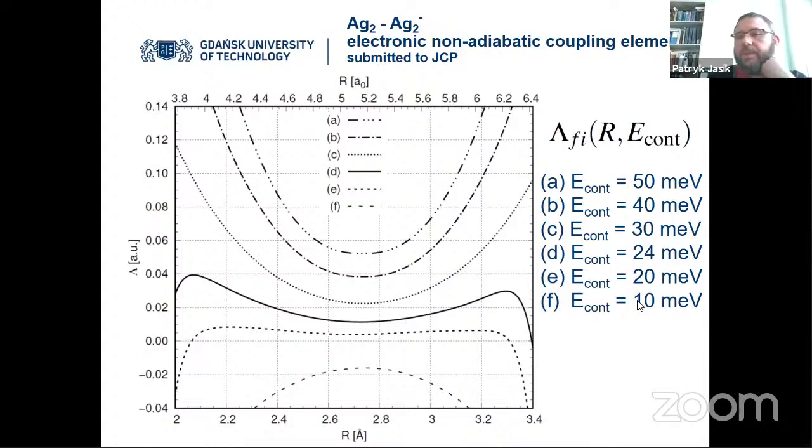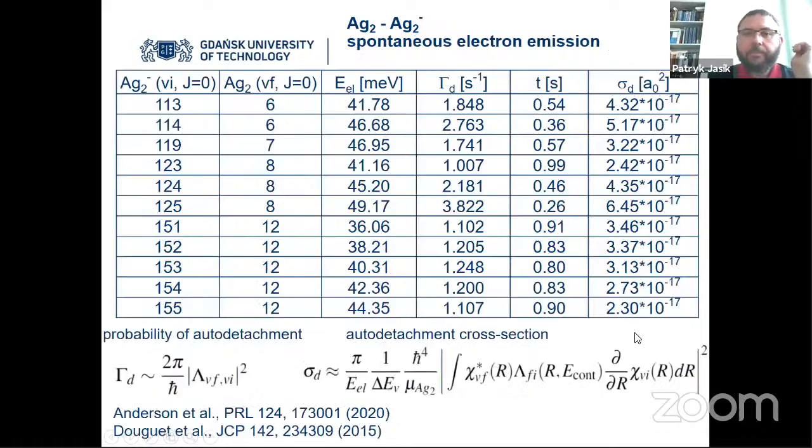So you can see here the energy of the ejected electron, and the couplings look like this. And these couplings are not so big. So that is why we say that they are very weak couplings.